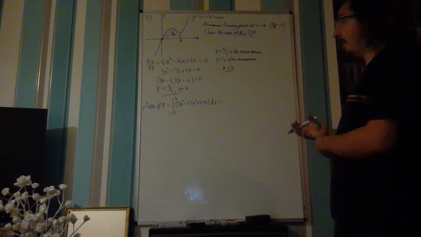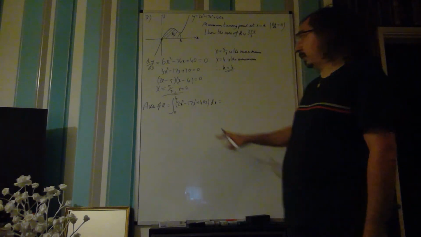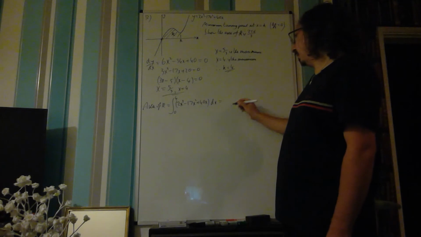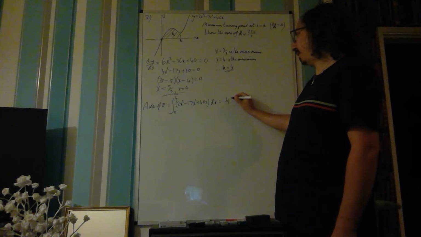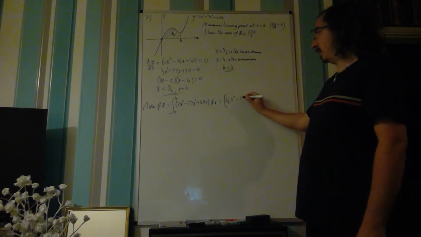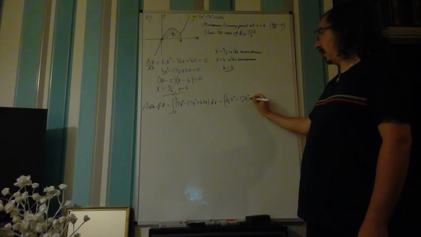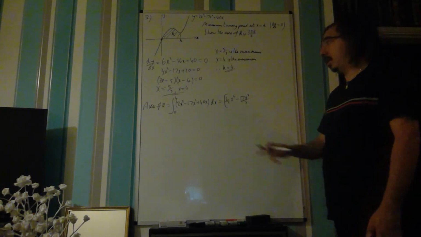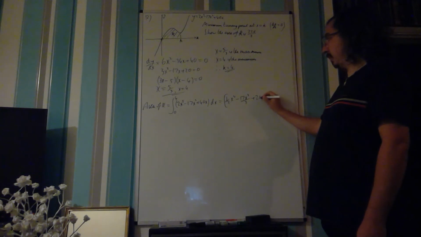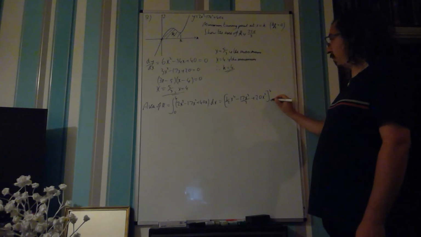And then we apply our integration. Raise the power by 1, 4, divide by the new power, so we've really got a half x to the 4. Raise the power by 1, 3, divide by the new power, so minus 17x cubed over 3. Raise the power by 1, so 2, divide by the new power, so plus 20x squared, from 0 to 4.